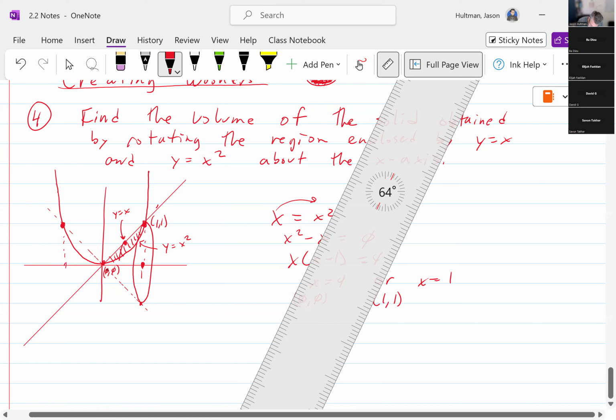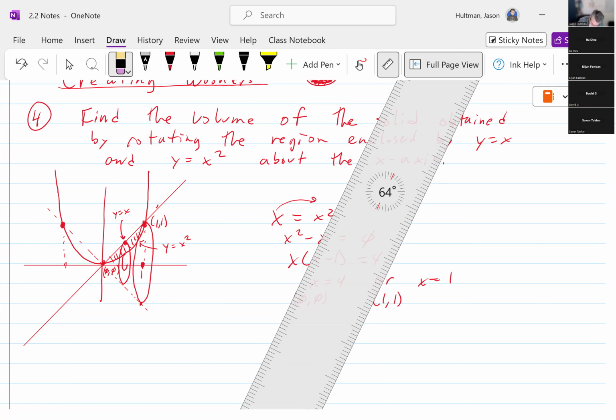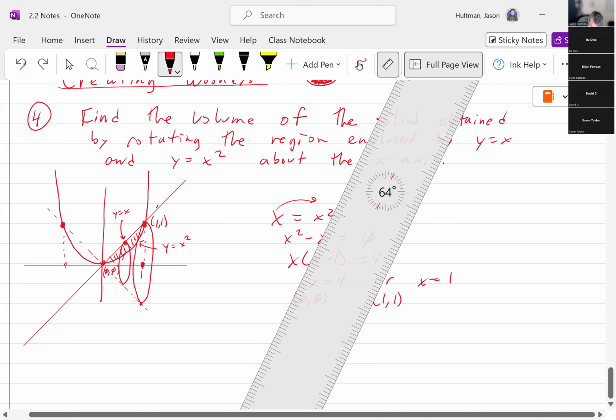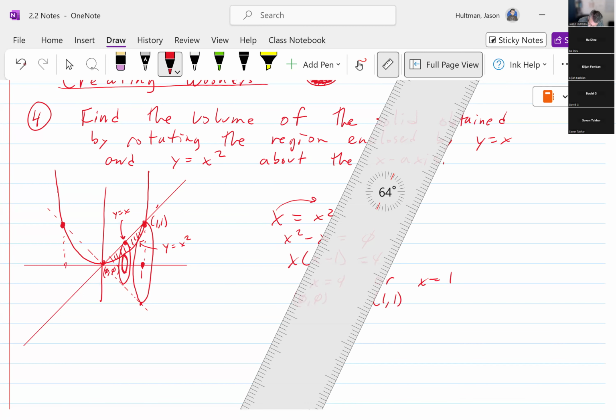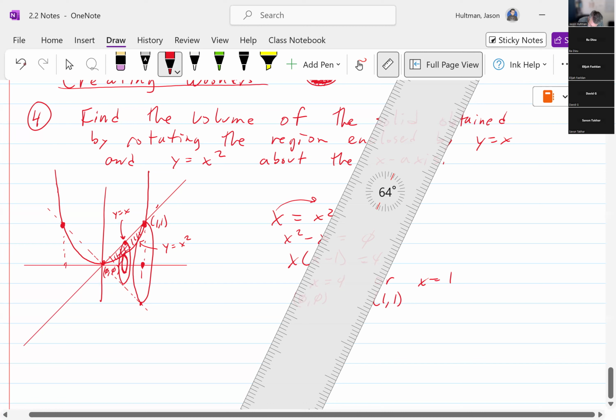We're going to end up having an outside circle, and an inside circle, which will mean that we are getting these washers.